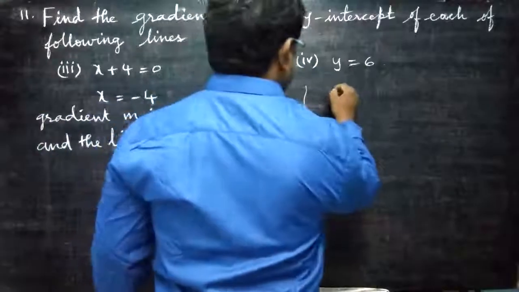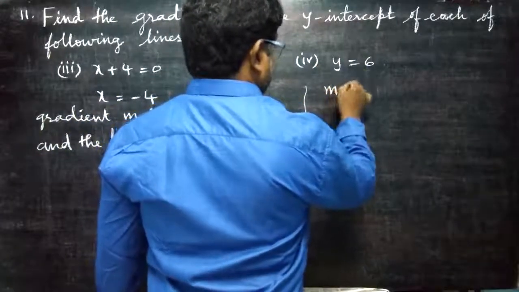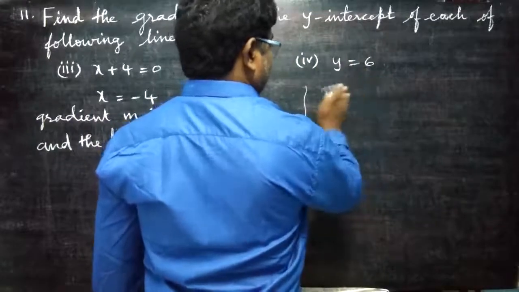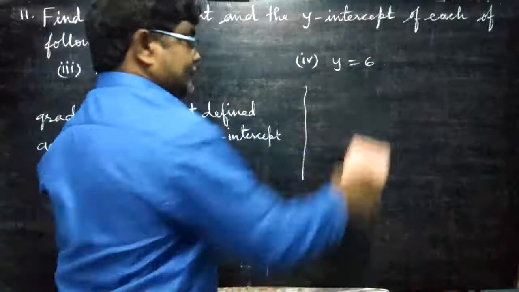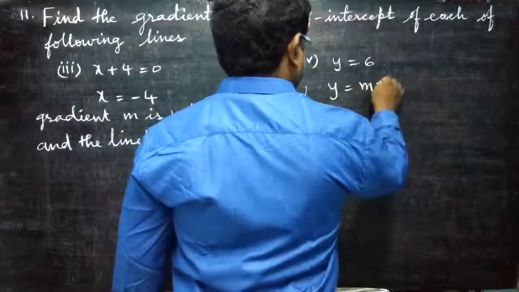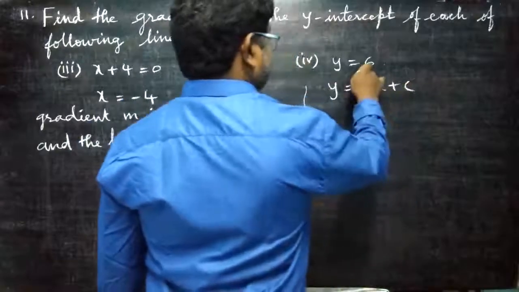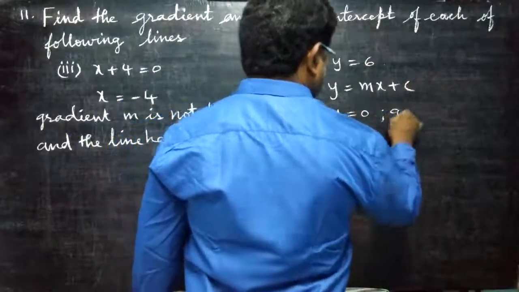Here, please, y is equal to mx plus c. It should be in the form of y is equal to mx plus c. But here m is, can you see m here? M is not there, 0. So m is equal to 0. So gradient is 0.